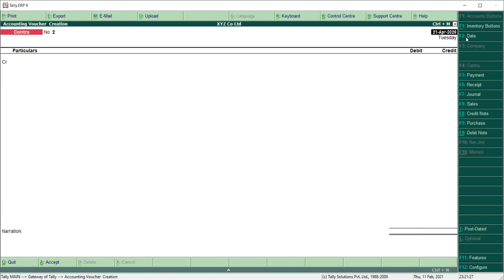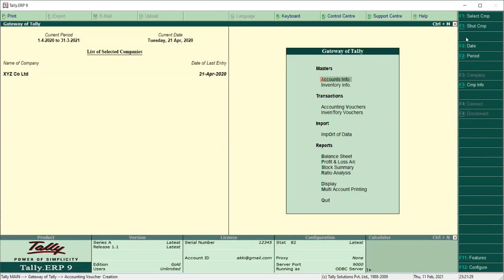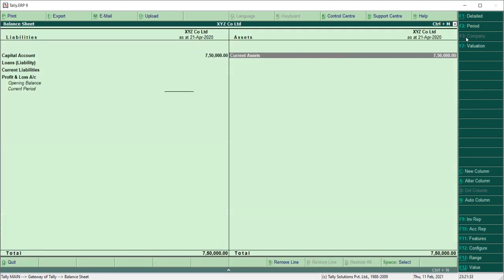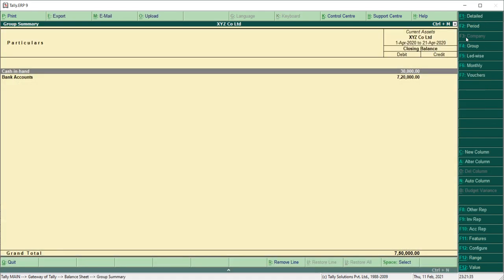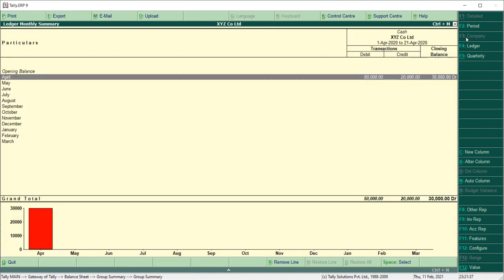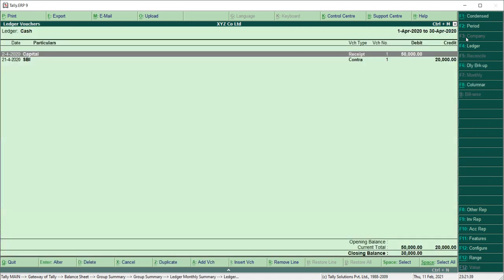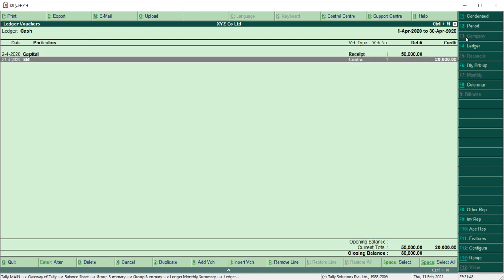Now let's go to the balance sheet and see if that entry is posted. Initially we had 50,000 rupees in cash and we have deposited 20,000 into the bank.